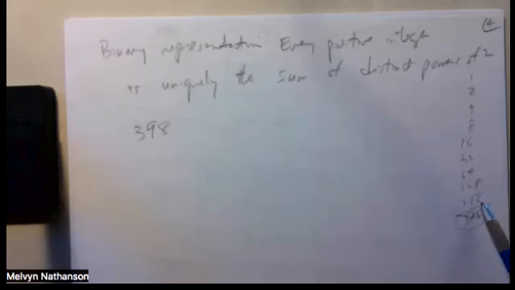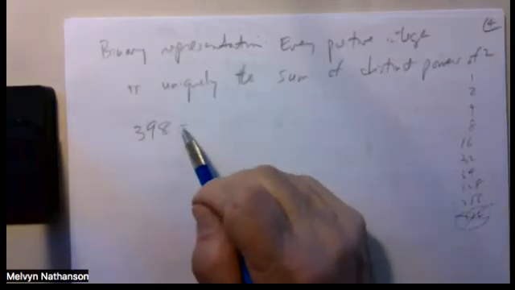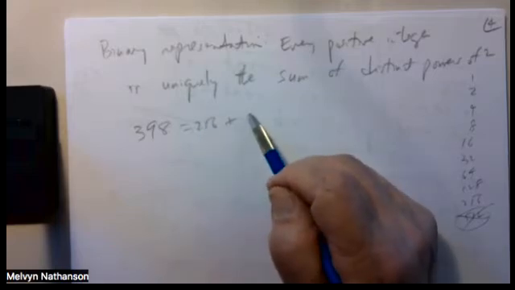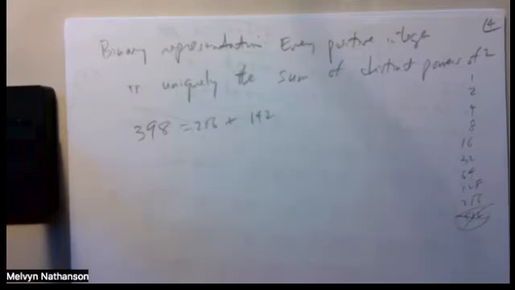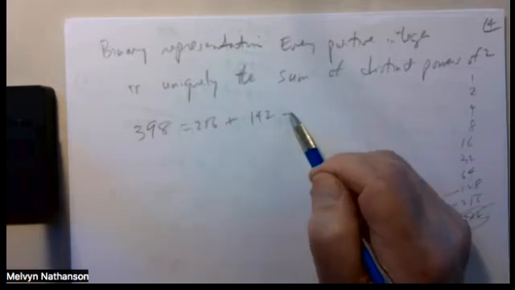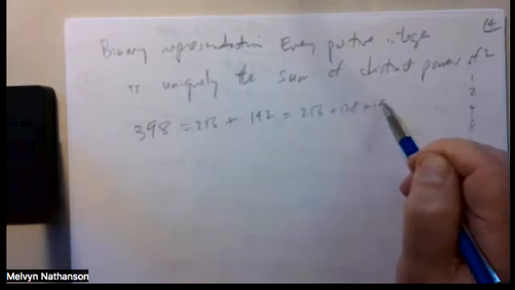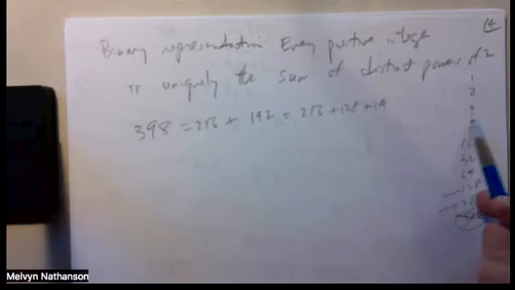The largest power of 2 I can choose is 256. This is 256, and what's left, if I can do this correctly, I think is 142. Now, the largest power of 2 no bigger than 142 is 128. So this is 256 plus 128 plus 14.